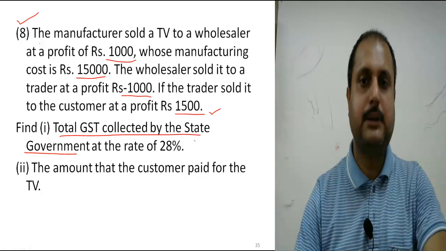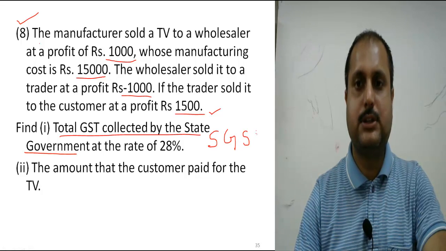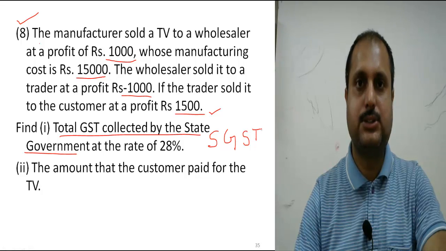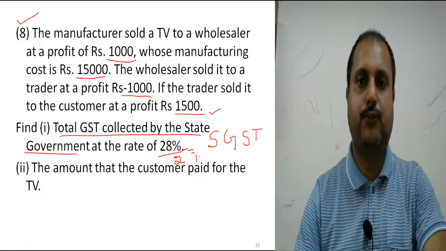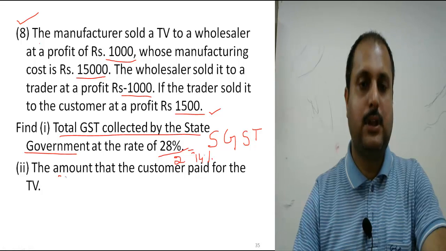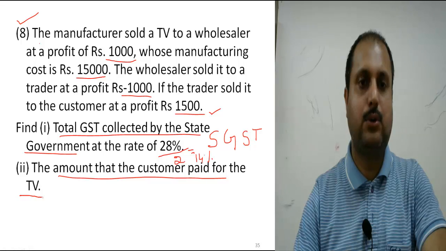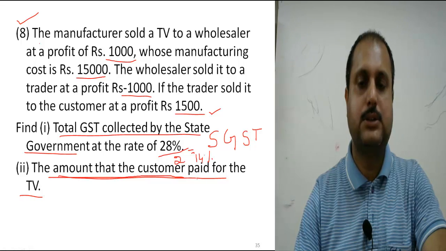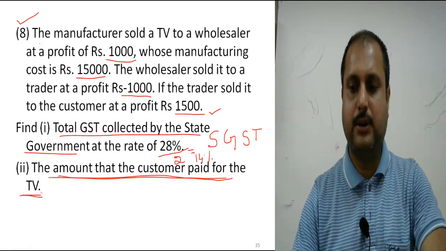That means the SGST, not the CGST and SGST together. So it will be half of 28, which is 14%. It is asking for 14% of the total price, the amount that the customer paid for the TV.